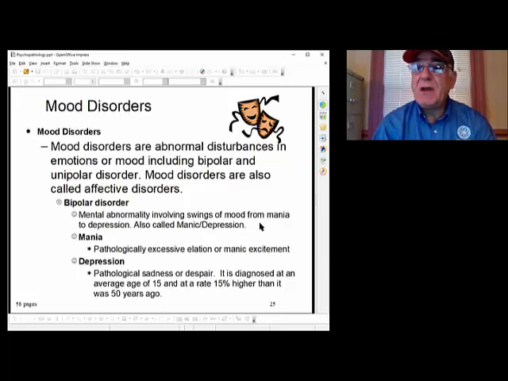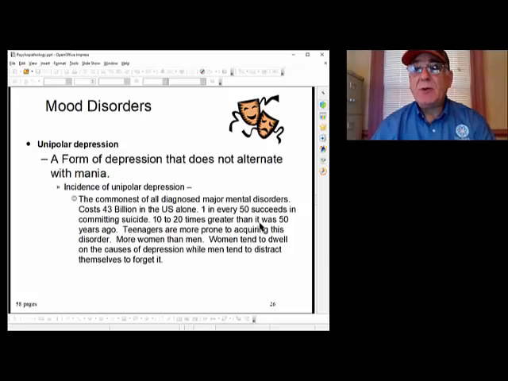Now, maybe it's because we understand bipolar better than we did before, and now we have an actual way to determine bipolar that's easier, and so that's why we're seeing more of it. It doesn't necessarily mean there wasn't this much 50 years ago, but we just couldn't see it before. The other one is unipolar, and that is almost always depression.